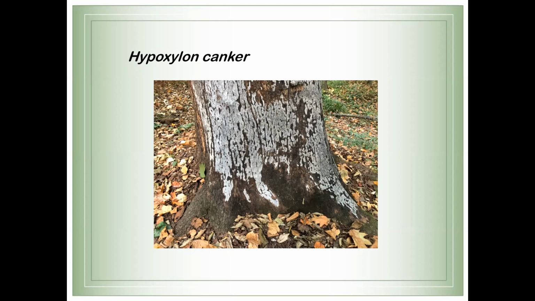And then once it gets into the vascular system, the phloem and the xylem, it moves around in the tree. So you can prune out the dead branches, but it probably won't save the tree. It might slow the fungus down just a little bit, but you continue to get more and more dead branches. And once it gets on the trunk, just like this, it's terminal. There's no way to turn it around.